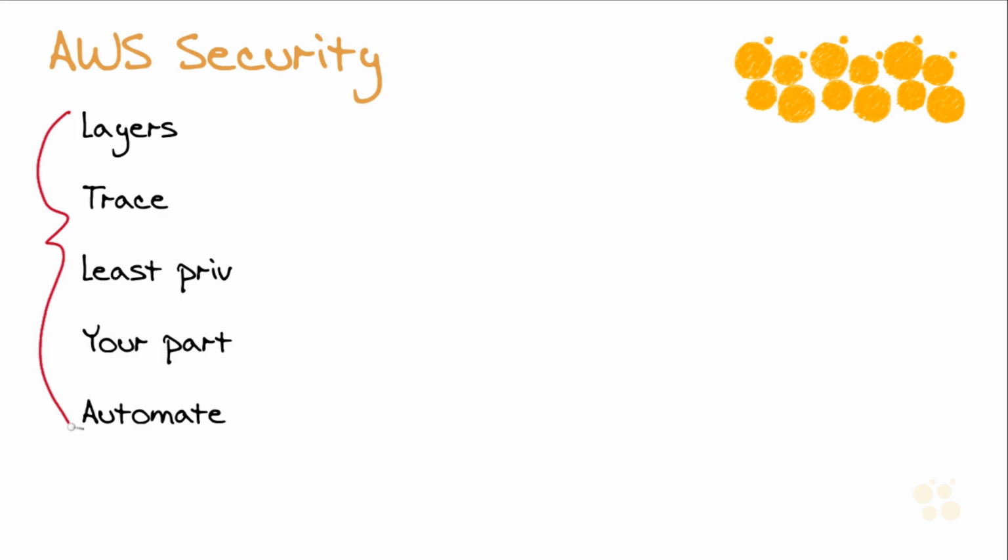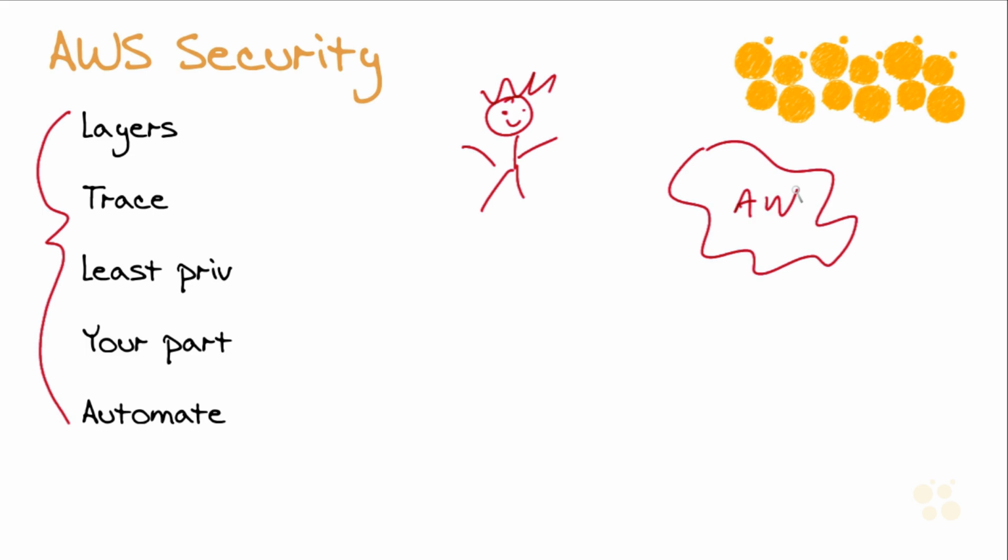Remember, there's the concept of the shared security model. There are responsibilities that we are going to have in addition to the responsibilities that Amazon Web Services is going to have within their cloud. So focusing on the stuff that we need to do, one of the things that's important is to realize that you're building things in layers, just like you would in your traditional data center.